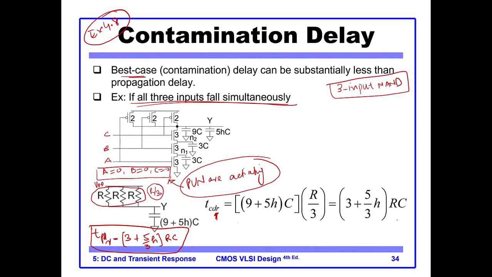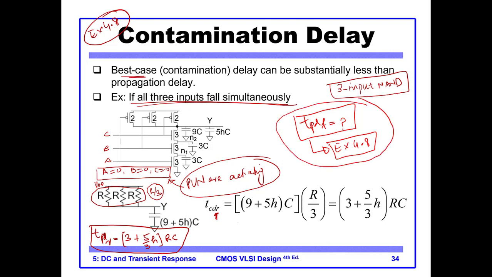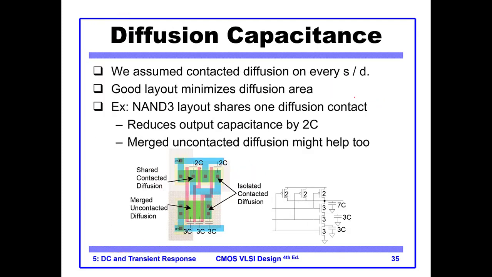Okay. For the fall, TPD fall, please do it yourself. It is already given in example 4.8. So try to solve it yourself and then check example 4.8 if you are unable to do it yourself.